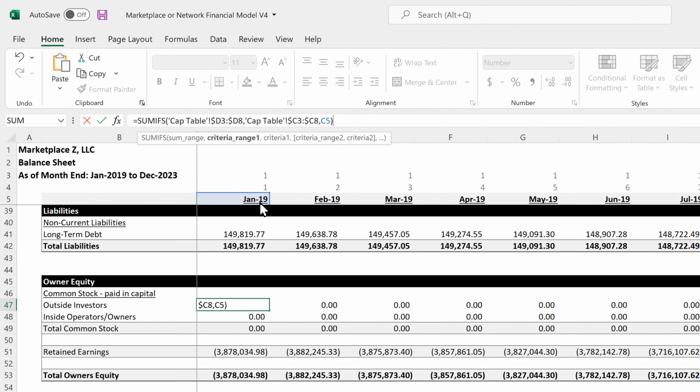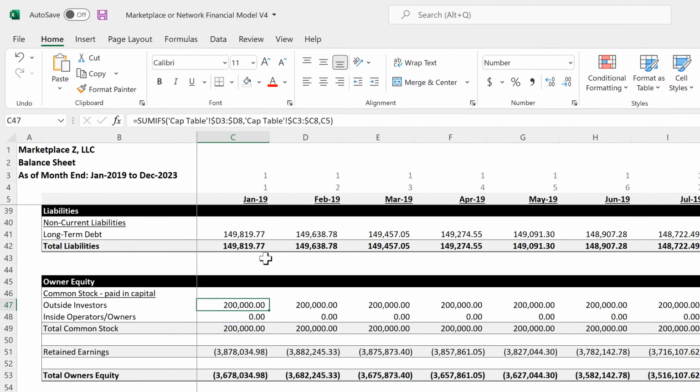And bring this over 1. So that's outside investors. And then insiders will just be 9.